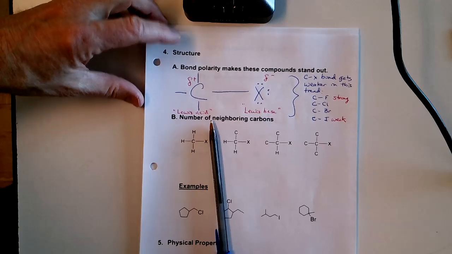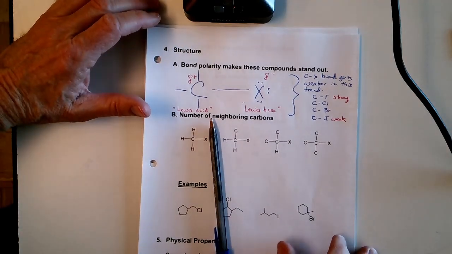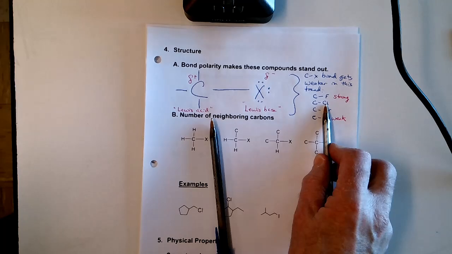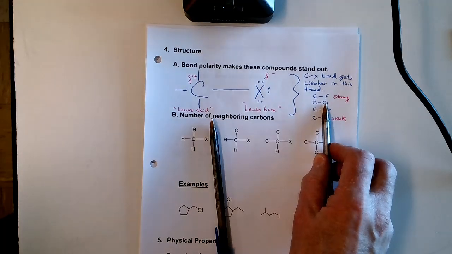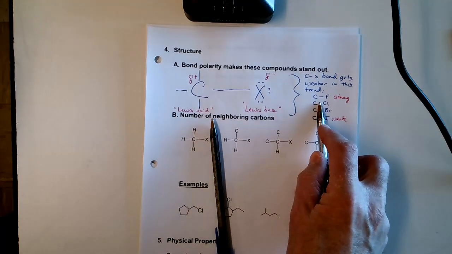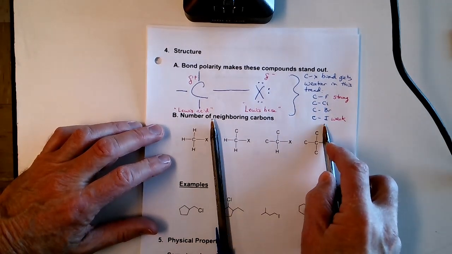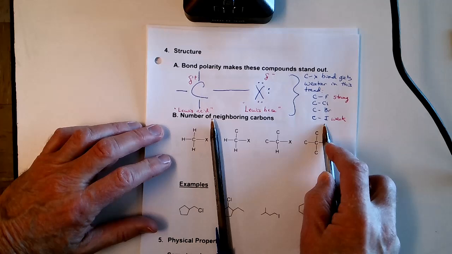Iodines are famous for popping off with little to no provocation, and so in the middle, that suggests you've got some potential to tune the reactivity. If you do want your bond to be extra stable, in other words, not reactive toward anything, you head up towards this end. Down towards this end, it's easy on, easy off.